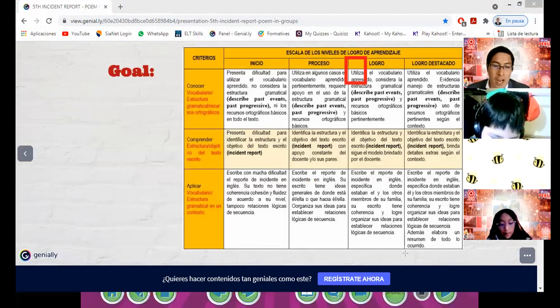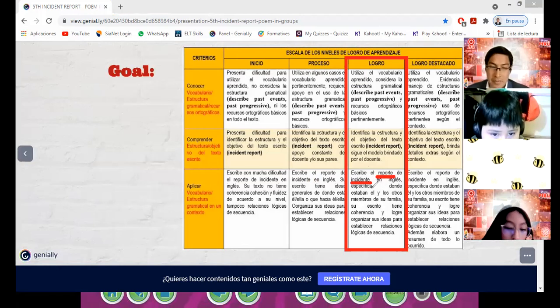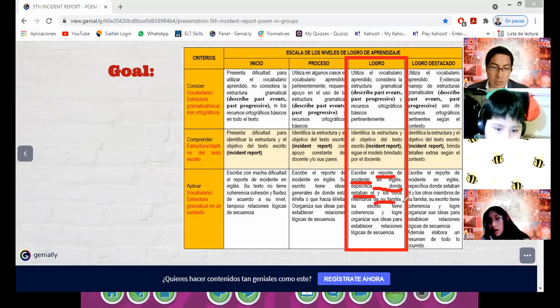You need to write a report, and in this report, you need to say what the incident was, okay? At what time did this incident happen? Where were you when this incident happened? What were you doing? And also what was your family doing at that time?